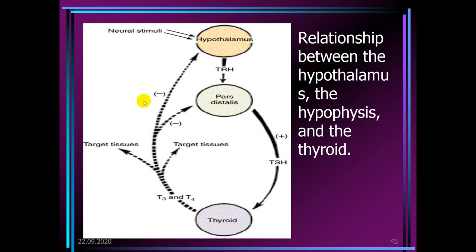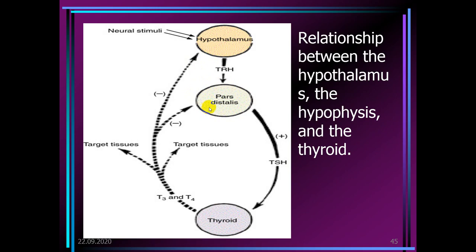Now you see the scheme of the activation of the function of the thyroid gland. First, the hypothalamus produces releasing or inhibiting hormones, thyrotropin-releasing hormone or thyrotropin-inhibiting hormone. This hormone influences the pars distalis, the thyrotroph cells.